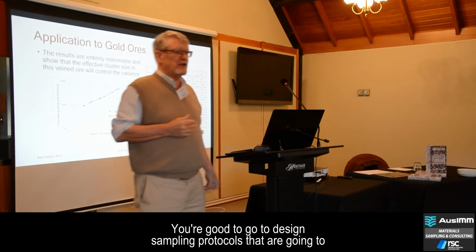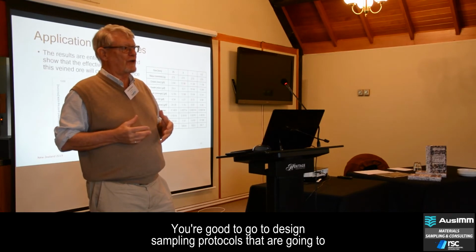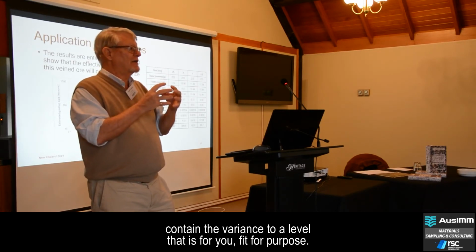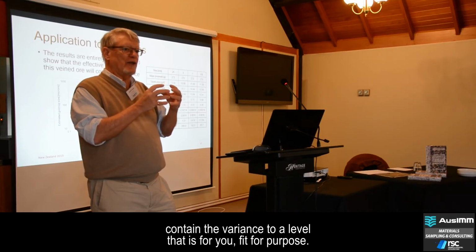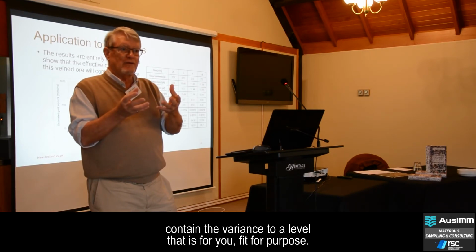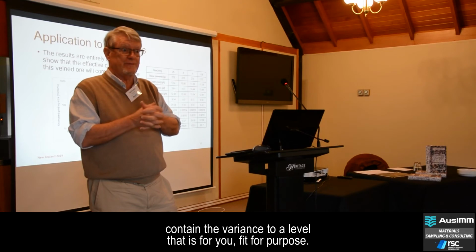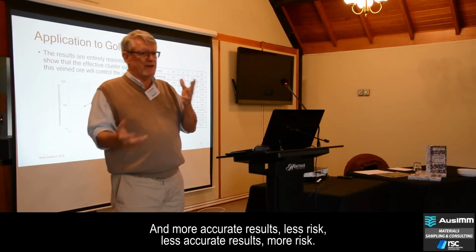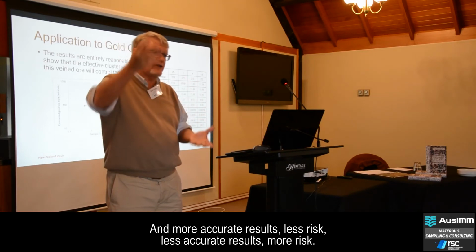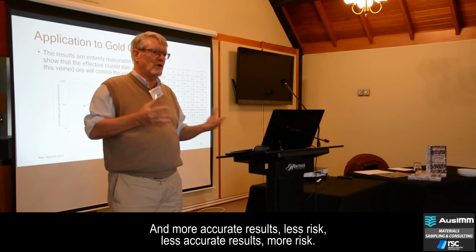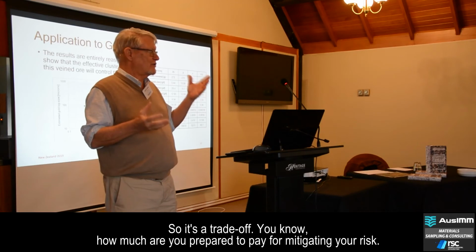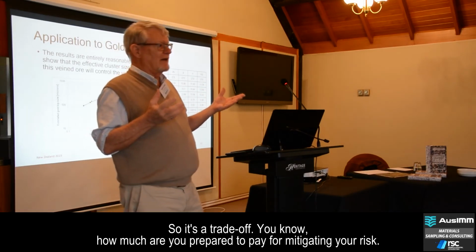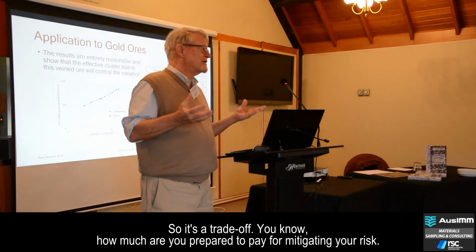You're good to go to design sampling protocols that are going to contain the variance to a level that is, for you, fit for purpose. You know, more accurate results, less risk. Less accurate results, more risk. So it's a trade-off. You know, how much are you prepared to pay for mitigating your risk?